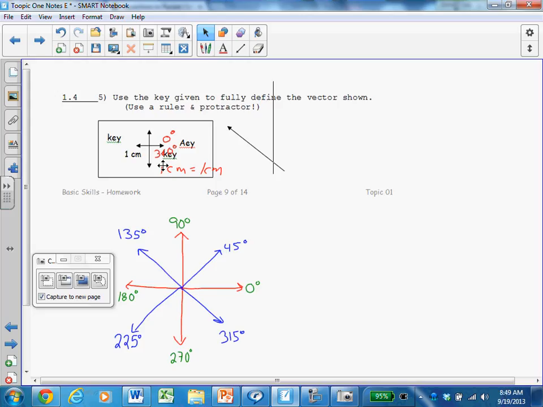Now, Michael, what did you get for the length? Oh, 3.8 centimeters. Okay, does that sound right to you guys? Why not? Try it again. Measure it again.